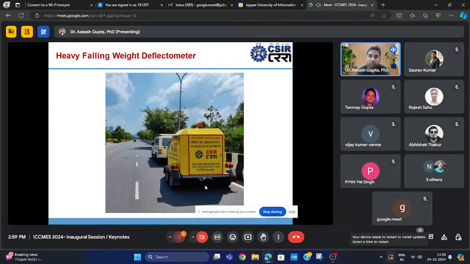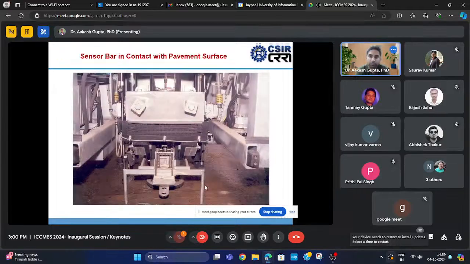PCR is your pavement classification rating. So this is changing from November 2024, and CRRI is working in that direction. And again, we will be taking Airport Authority of India in this, and then we will be converting all the PCN values to a PCR.